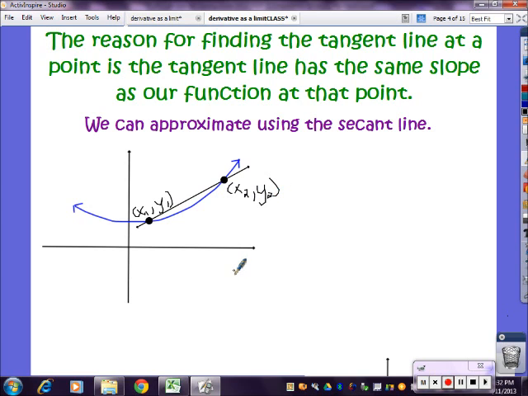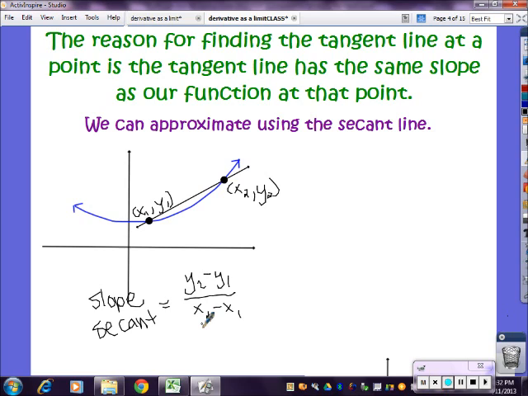To show the slope of the secant line, I would use the slope formula, y2 minus y1 over x2 minus x1. That would be the slope of your secant line.